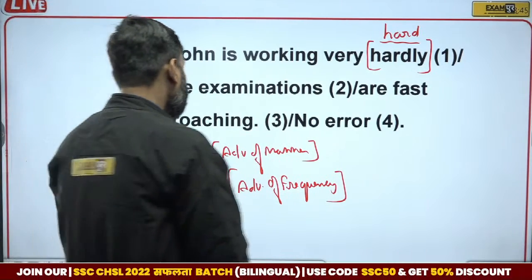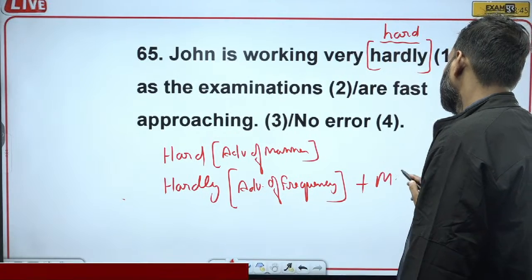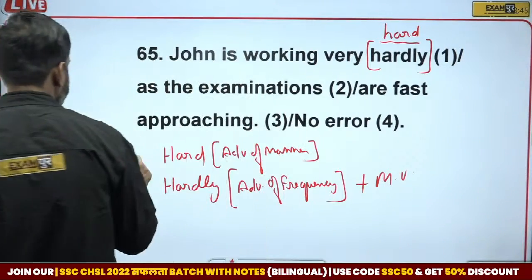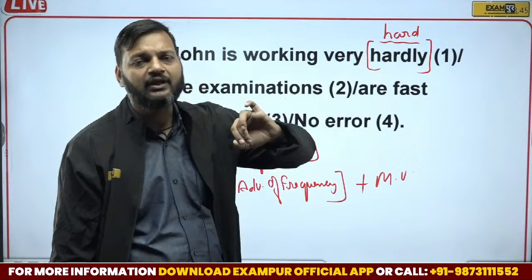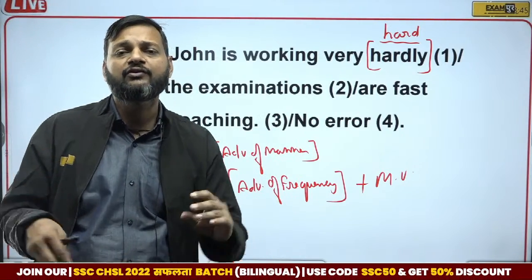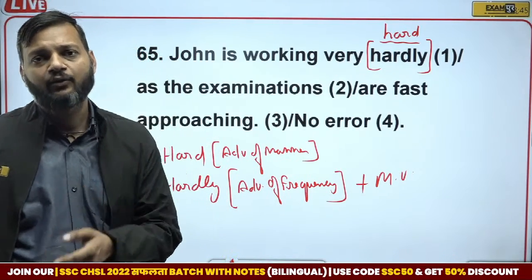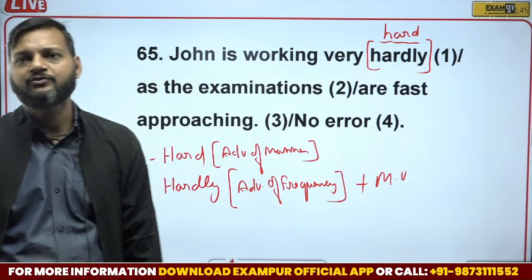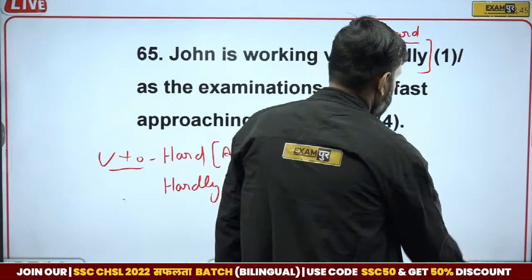Now hardly, which is an adverb of frequency, is placed before the main verb, and an adverb of manner is placed after verb plus object. So here we are not talking about frequency, we are talking about manner. How is John working? What is the manner, the way of his working? It's hard. So hardly will be replaced by hard. Now let's see the next question.